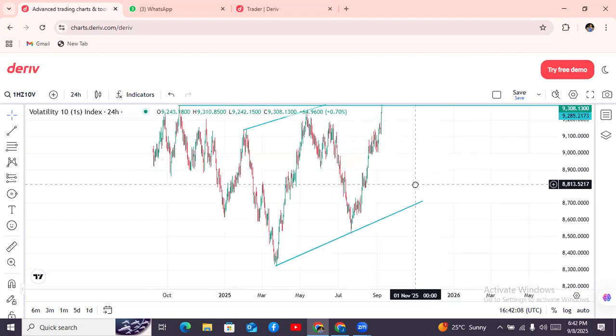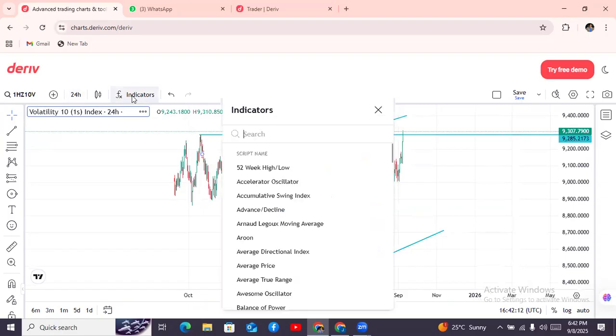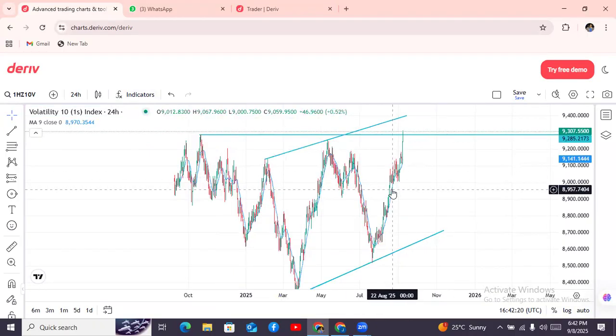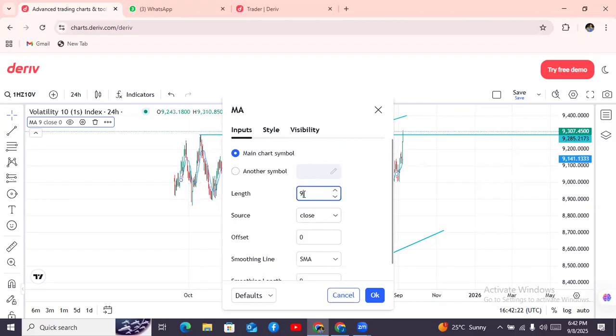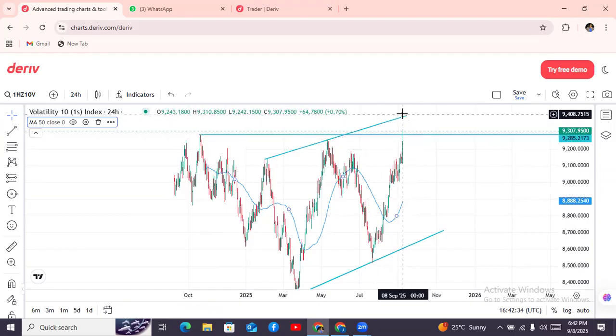It's still an uptrend, we can see. Even if I use my moving average, let me check the 50 moving average, price is above the moving average, giving us a signal of an uptrend.